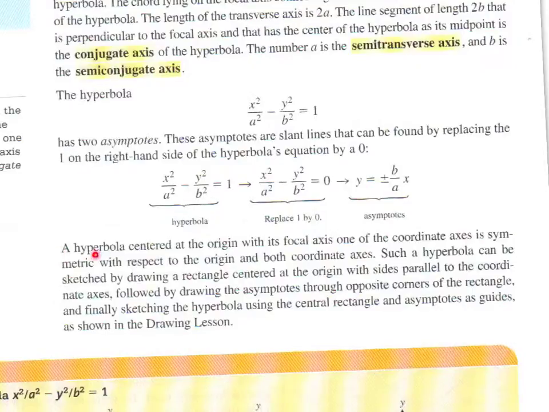It says a hyperbola centered at the origin with its focal axis on one of the coordinate axes is symmetric with respect to the origin and both coordinate axes.